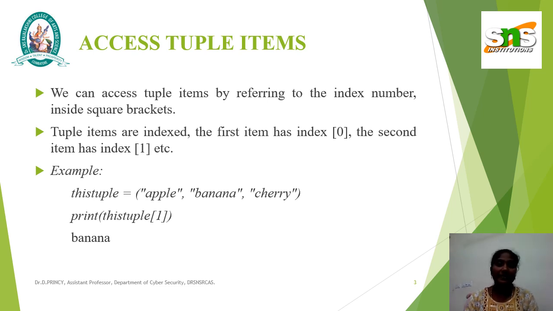For example, this tuple equal to apple, banana, cherry has three items. Apple has index 0, banana has index 1, and cherry has index 2. If I access the element with index 1, it returns the value banana, because index 1 refers to the second item, that is banana.